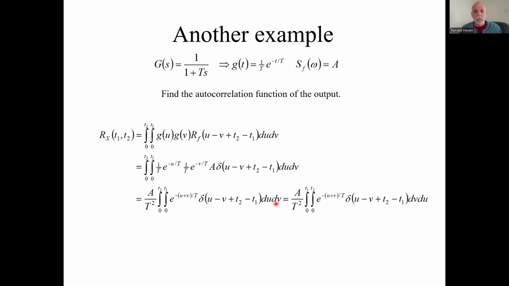And I could take it either way, either order, UV or VU. And remember, I have to change the limits of integration. You have to go along with the variables of integration. U is associated with T1, V is associated with T2.